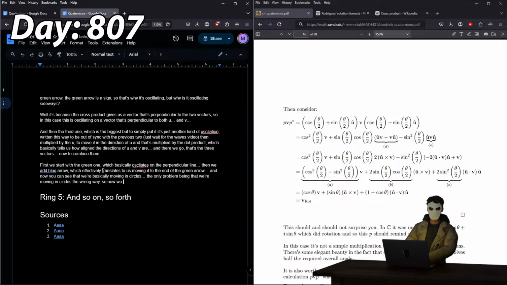So now we just add the last thing, the red arrow, and there we go.